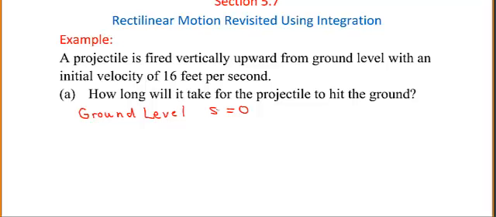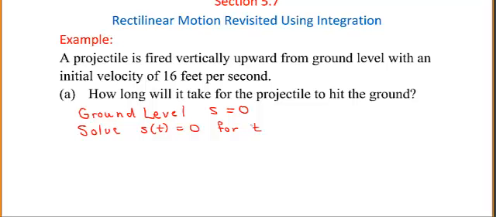So what we want to do is solve S of t equals 0 so that we're at ground level. We want to find the time and solve this for t, and that will tell us what times are at ground level, and we can see then how long it flew.